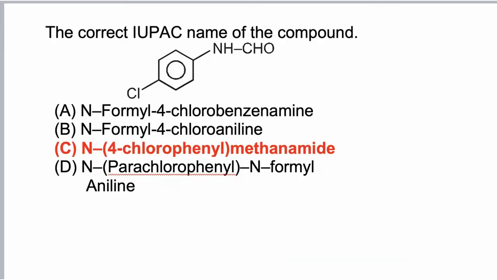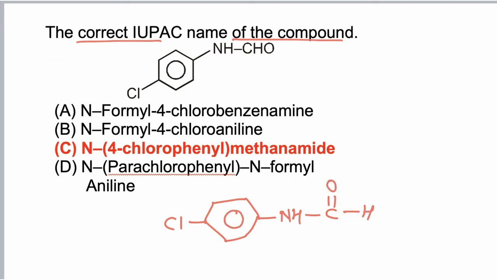In this question we have to find the correct IUPAC name of the given compound. So if we draw the structure of the molecule, the functional group amide is present. Now a phenyl group is attached to nitrogen. So the principal chain has only one carbon. Now this benzene ring is a substituent, and for any substituent, the first carbon is given to the carbon from which it is attached.